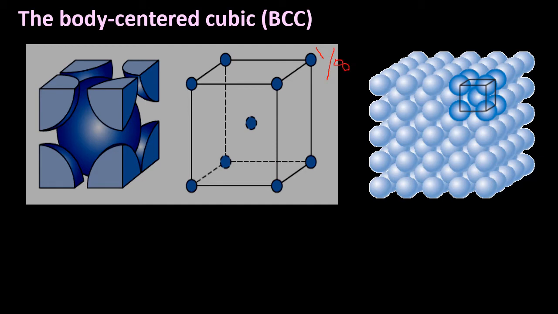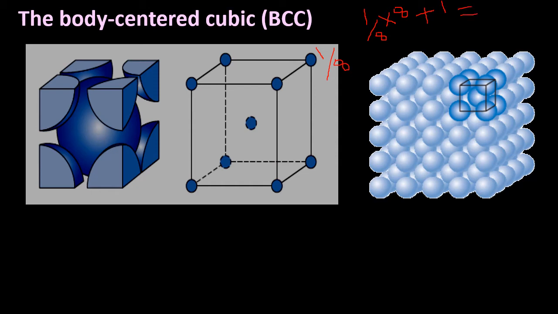So we can say that the total number of atoms will be equal to, as there are 8 corner atoms and each corner atom contributes only its 1 by 8 part, 1 by 8 into 8, plus there is 1 atom at the center of this cube which totally belongs to this cube.